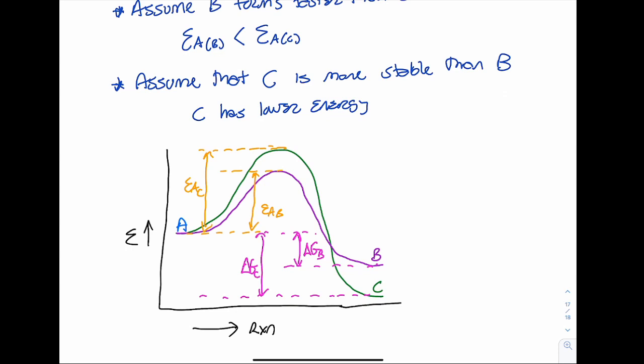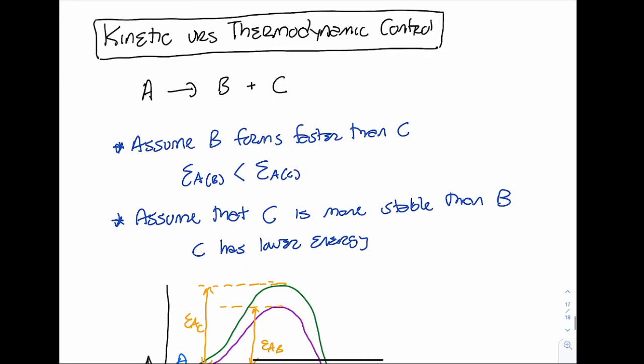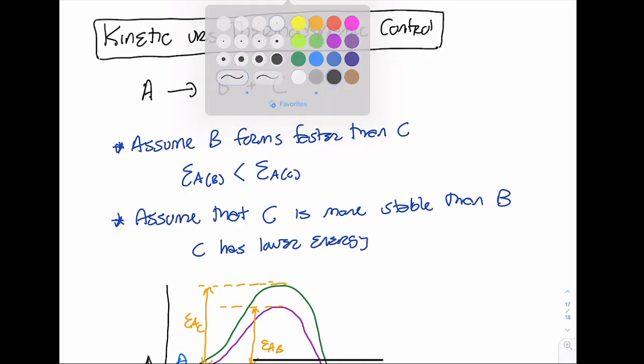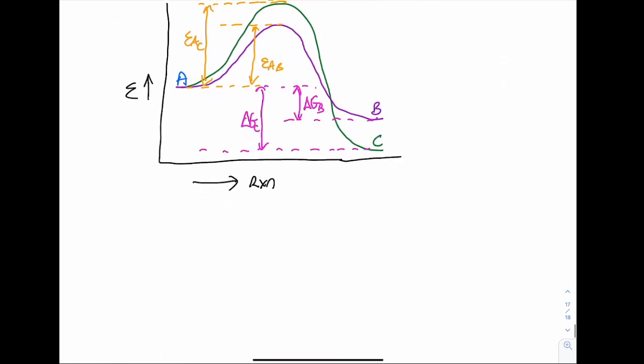So essentially, which one is it going to make? Well, it depends on my reaction conditions. So at high temperatures, remember we can add heat to reactions, and remember heat or temperature is a measure of the average kinetic energy. So if I'm adding heat to it, I'm increasing its energy.